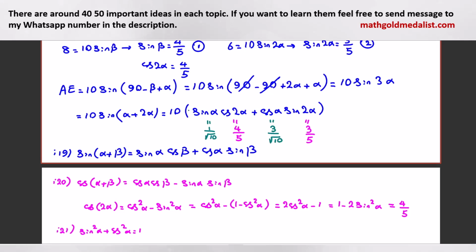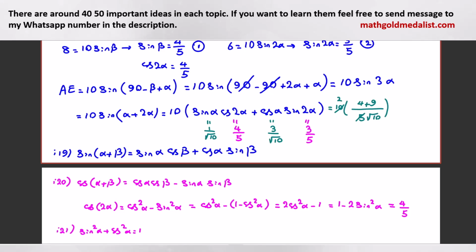Now, because we multiply 5 by 10, let's write it: it will be 10 times 4. In both denominators, we have 5 root 10. So it will be 4 plus 3 times 3, 9. 4 plus 9. Now we can divide both numerator and denominator by 5.